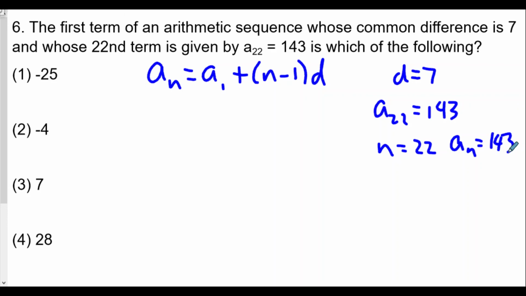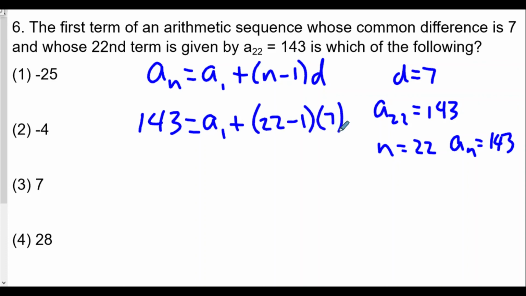So now all we do is plug in the information we have here. We'll get 143, that's a n, because that's a22, equals a1 plus 22 minus 1 times 7. See how that worked out? We plugged in 7 for d, 22 for n, and a n, which is a22, 143.